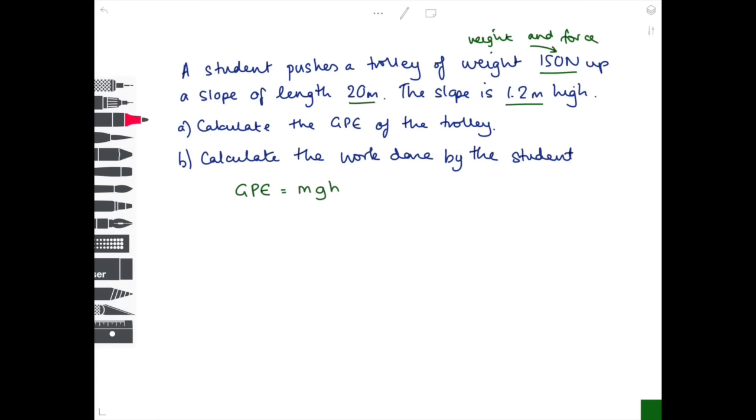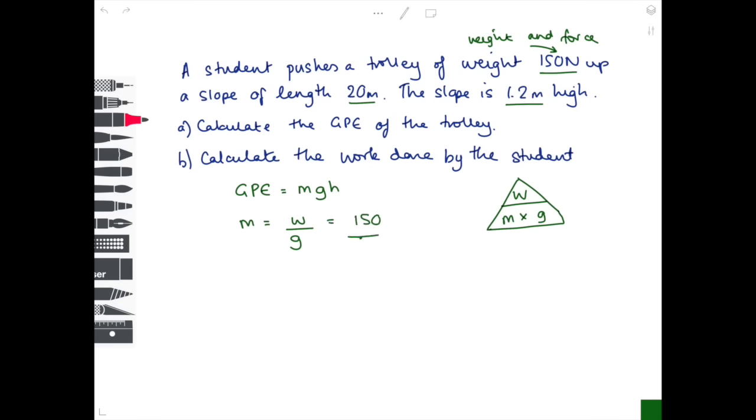So gravitational potential energy is given by mass times gravitational field strength times height. We see an immediate issue, which is that we don't have the mass of the object, we only have its weight. So we need to do a preliminary calculation using this formula triangle, which is weight equals mass times gravity. We're looking for mass, so that's going to be weight divided by gravity. Now the weight we've been told is 150 newtons.